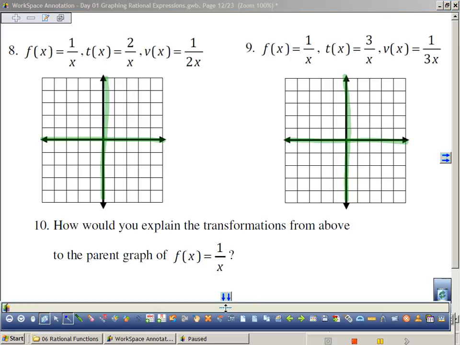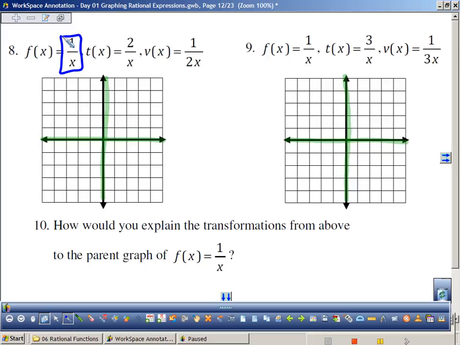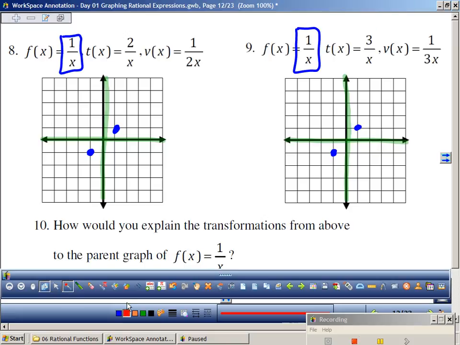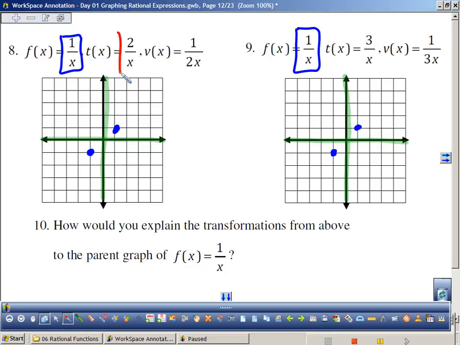So I'm going to color code these. This first one is my parent graph, 1 and 1. I'm just going to use my reference points. I'm not going to make a graph right now, just so we can see it, okay? This one's also 1 and 1. This one is still 1 away from the vertical asymptote.